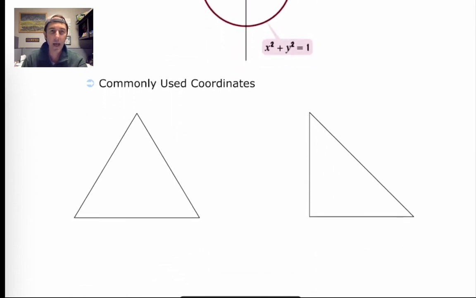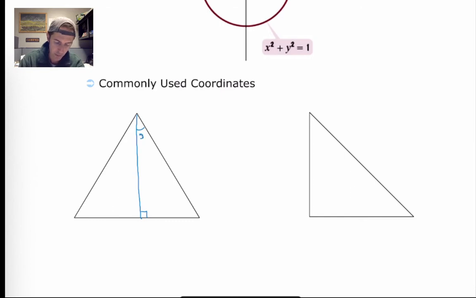And a big component of that is knowing these two triangles particularly well. The triangle that's on the left is an equilateral as well as an equiangular triangle, so it's a 60-60-60 triangle. And what I'm going to do is drop an altitude, which meets the base at a right angle, and the result of that is we create a 30-60-90 triangle.